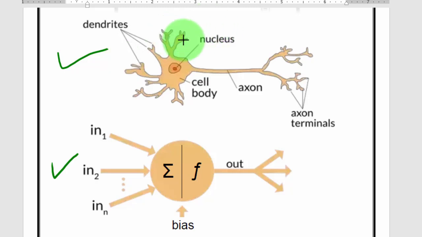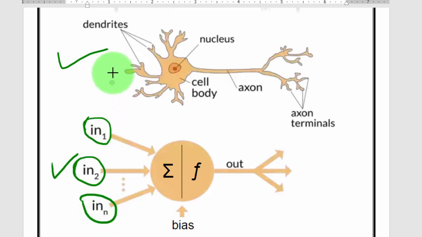Here we have inputs, input 1, 2 till n. In the biological neural network, the dendrites play the role of input, taking the input from the environment or from other neurons.